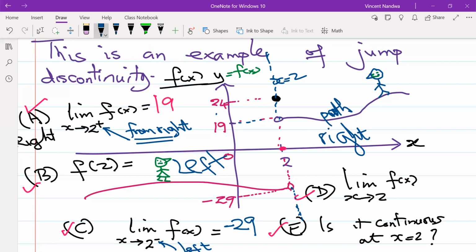Okay. George, what is happening here is that the final answer of the limit is read on the y-axis. The limit value is read on the y-axis.